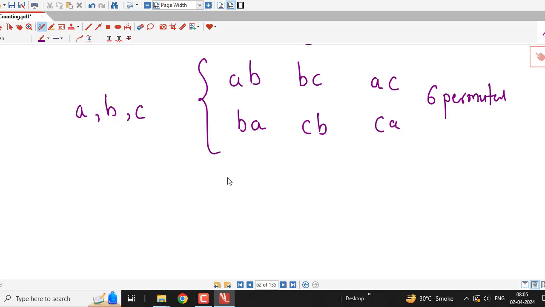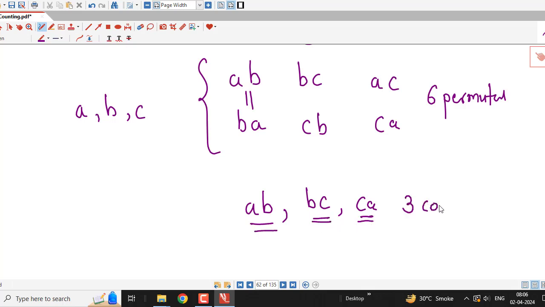But suppose order is not important, then these two are considered the same arrangement. AB and BA are equal if order does not matter. Similarly, BC and CB are equal, and AC and CA are equal. So we have 3 arrangements if order does not matter.